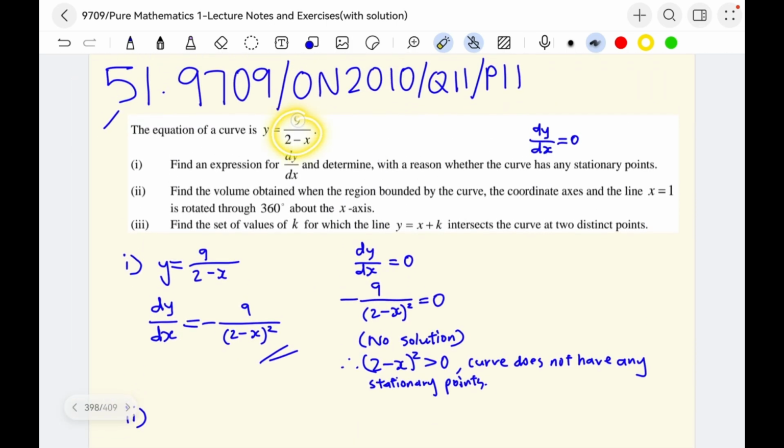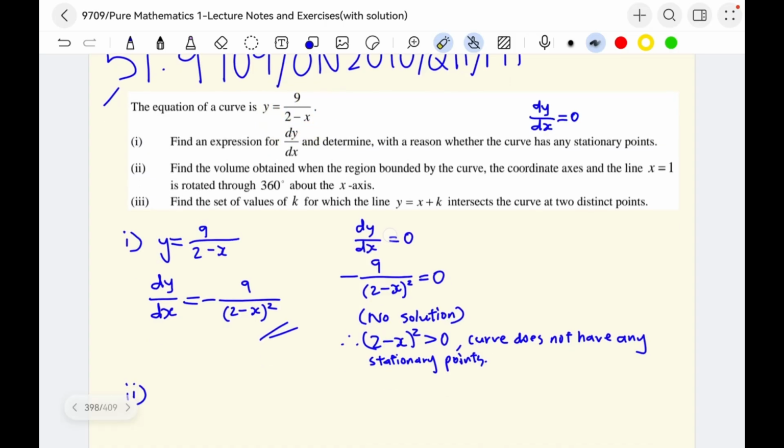So what is it? This is a rational function, right? So for the rational function, its graph must appear as two curves. It's not a parabola, it's like two curves, right?